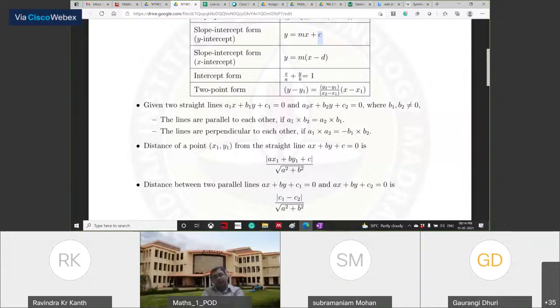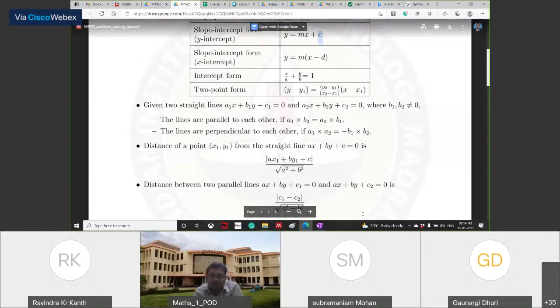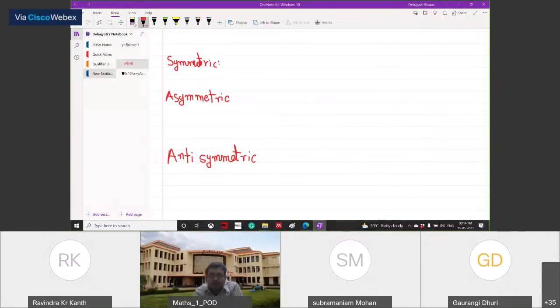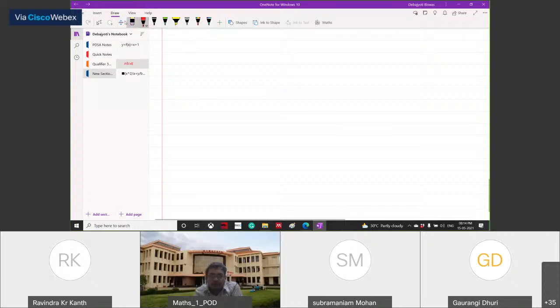Distance of a point from a straight line. Okay. Ax plus by plus c equals to 0. That is |ax1 plus by1 plus c| divided by root over a square plus b square. So if we have a point, maybe to draw a point, and there is another line, then how do we calculate?